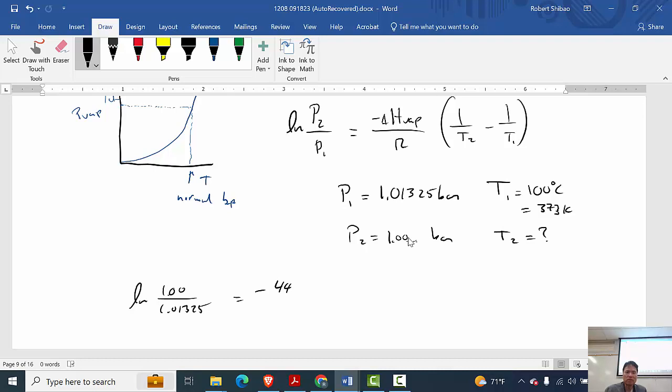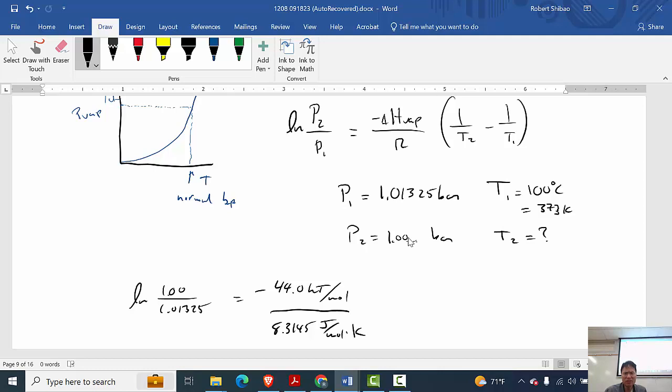Delta H is a positive 44, so it's negative times a positive 44.0 kilojoules. This is kilojoules per mole of water. Since R is in units of joules, I'll just do 8.3145 joules per mole Kelvin.